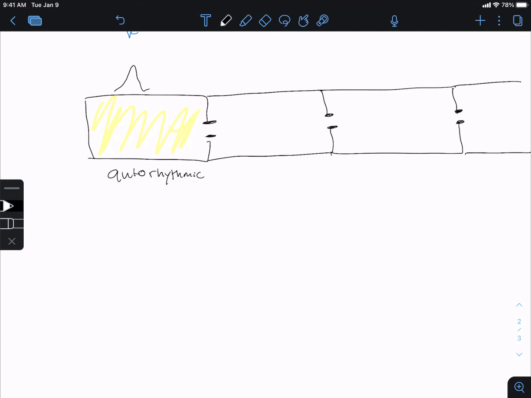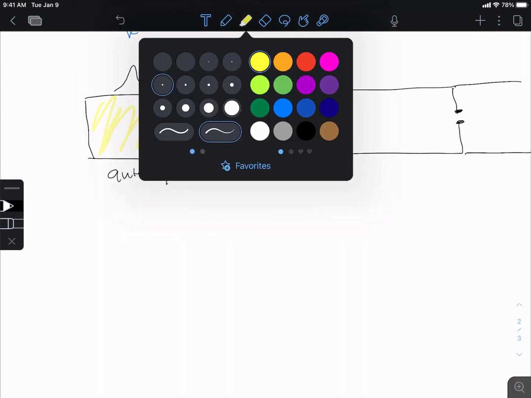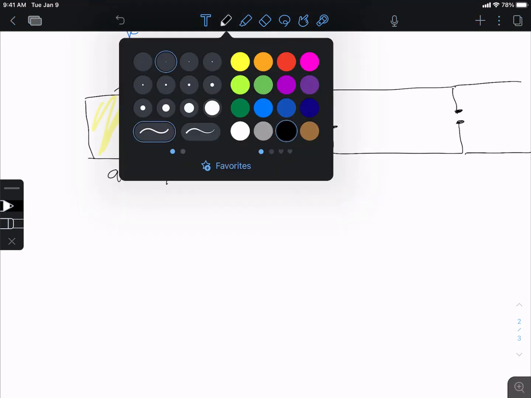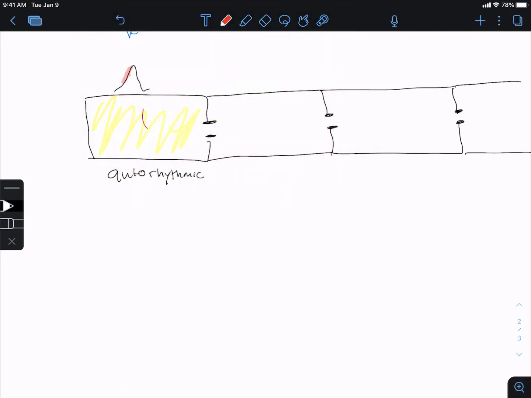Now remember that in the rising phase of this action potential, right here, we have calcium entering into my cell through voltage-gated calcium channels. That calcium ion is going to spread from the sarcoplasm of the one cell into the sarcoplasm of the other cell. And that's really important because it's going to be this calcium that is the source of the voltage necessary to trigger an action potential in my contractile cell.